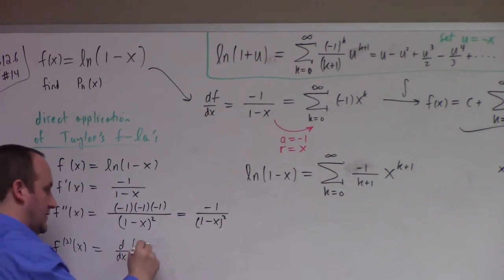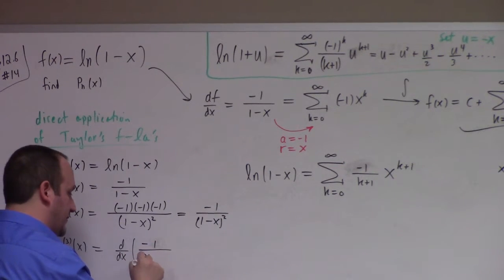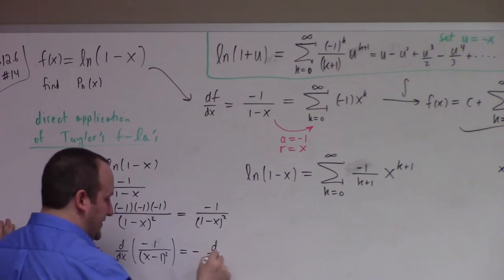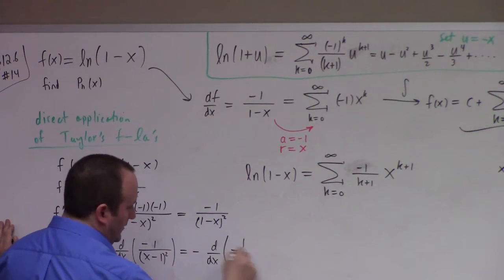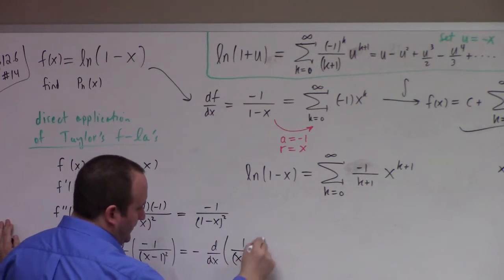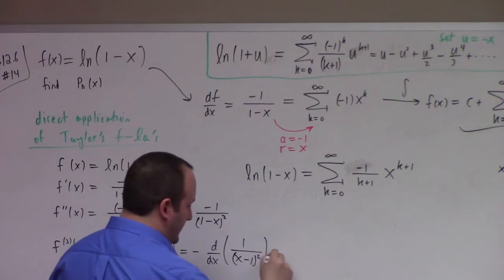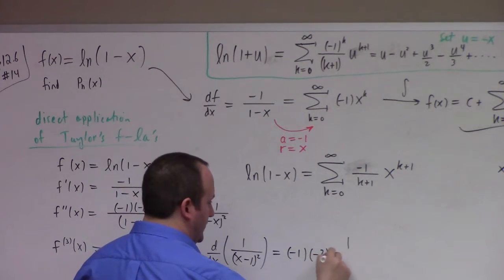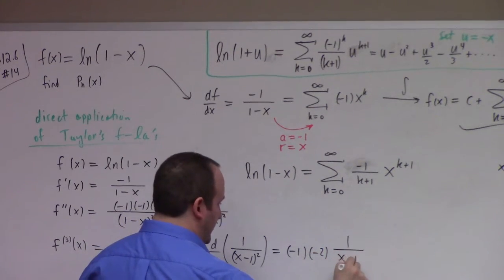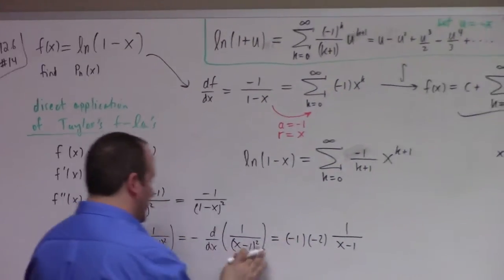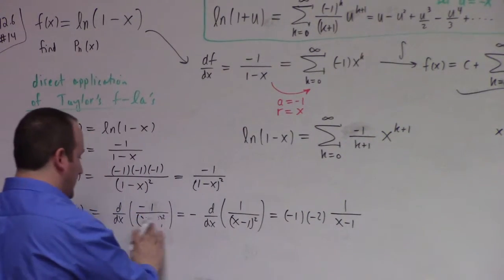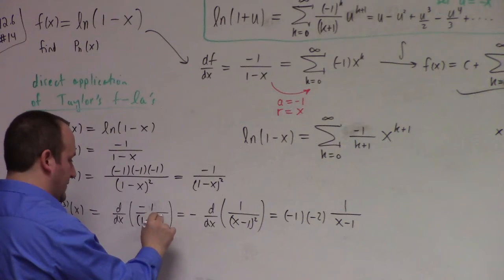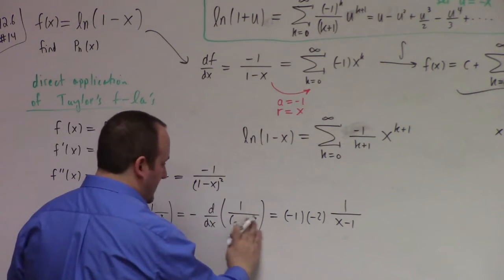So this one, let me try to talk you through and explain where the minuses are coming from, all right? First of all, just pull the minus out, right? There it is. Next, my thought is that that's minus 1 times minus 2, 1 over 1 minus x. Goodness gracious, it doesn't matter here, but it matters later. It matters when it's odd.